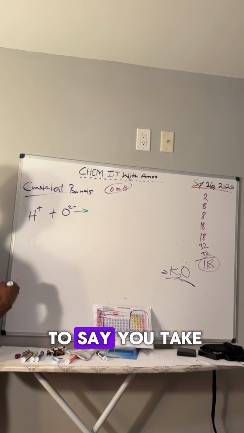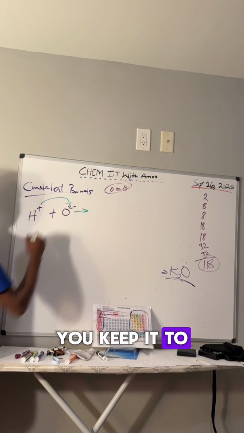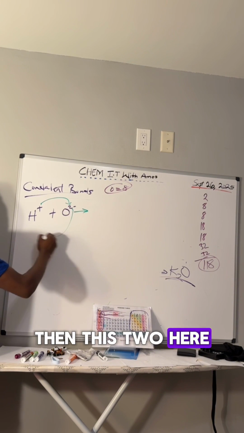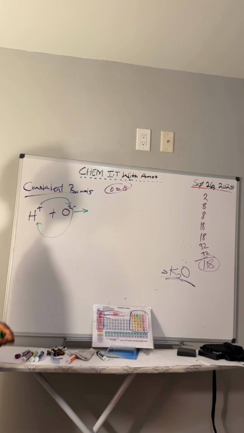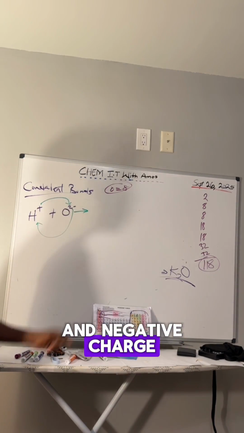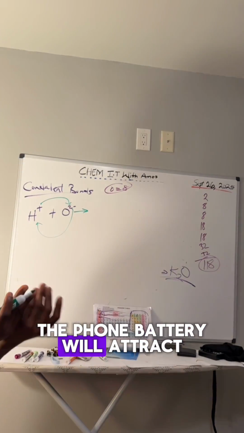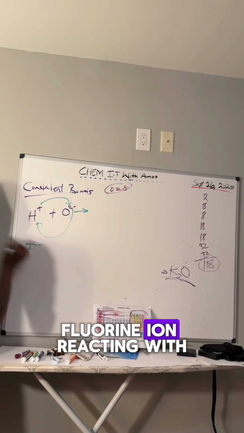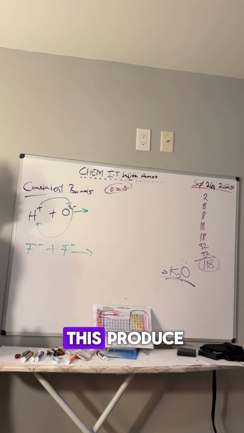If you take this one from here and give it to oxygen, it accepts it and becomes just O. Then there's 2 here, it comes here, accepts it, and becomes just H2. The reason is you have positive charge here and negative charge, so they will attract, come together, and form a bond. But if you have a fluorine ion reacting with another fluorine ion, what would this produce?